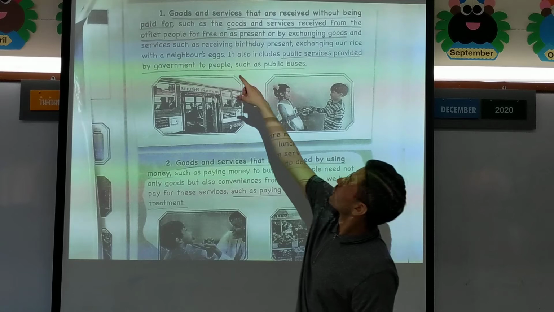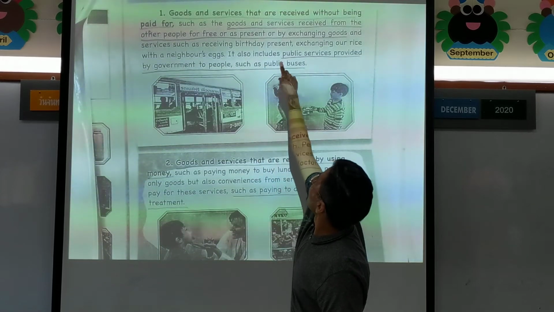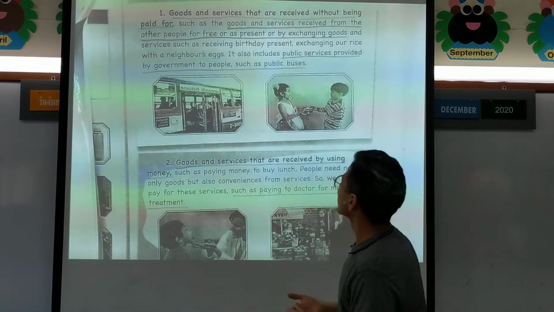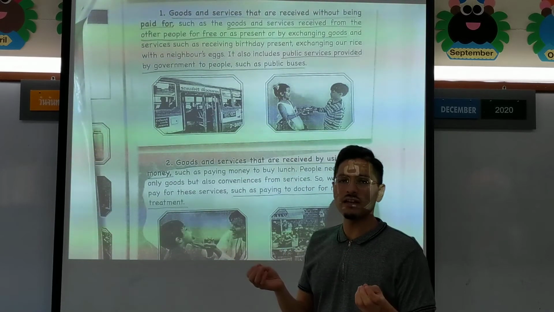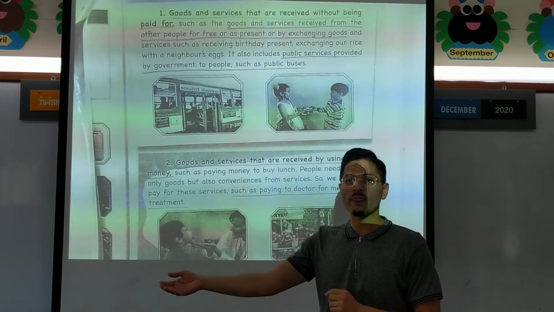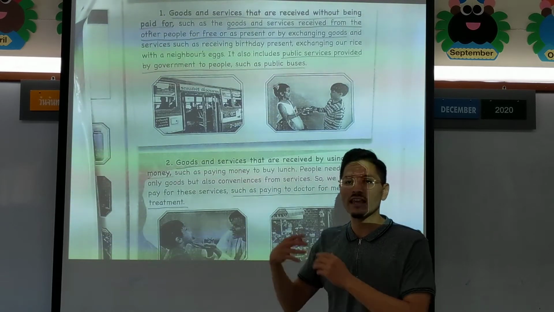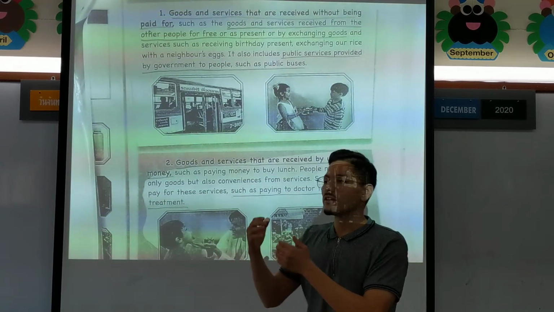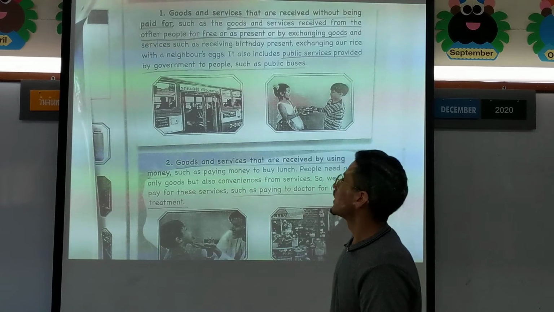So we have goods and services that are received without being paid for. So this is, you don't use money. If I give someone a gift for their birthday, that is a goods or a service that I gave them. They didn't have to pay money. I gave it to them, okay?